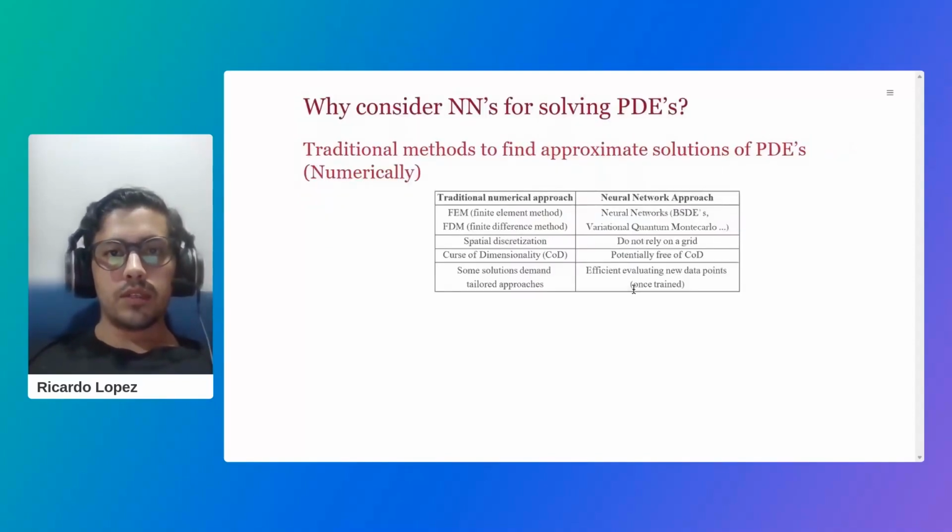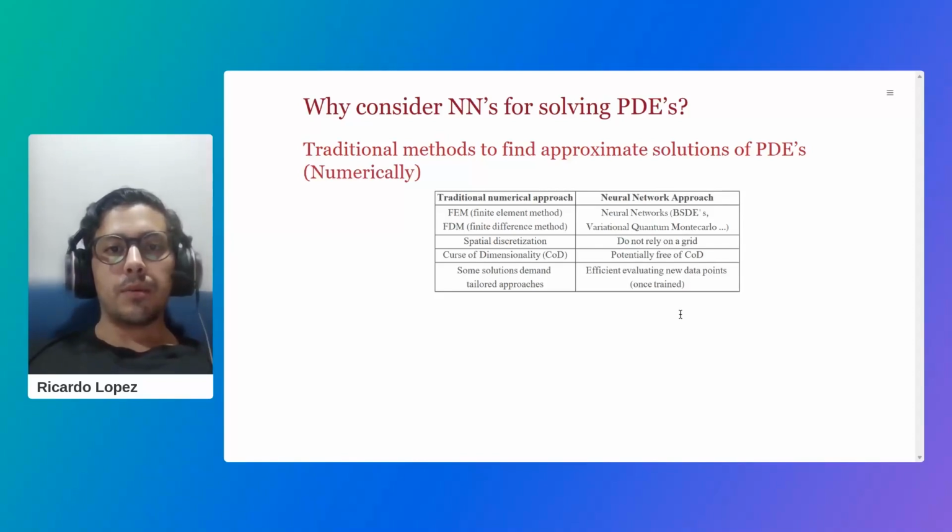So let's start with why to consider neural networks for solving PDEs. Currently, we have very good methods for solving most partial differential equations, like the finite element method, for instance. But there are also new approaches that use neural networks to solve PDEs.